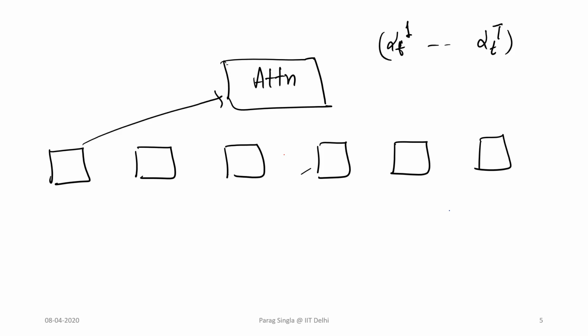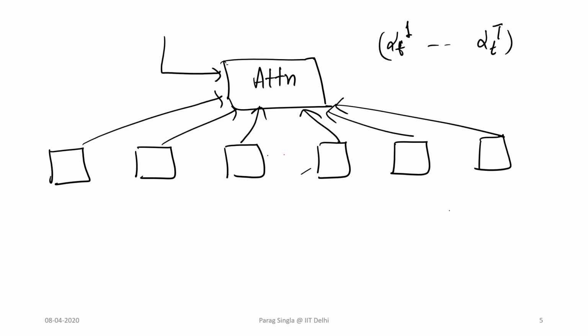This attention box takes input from all these hidden representations at various time steps in the input layer, and it also takes the current hidden state of the output, which is q t minus 1, and produces these alpha scores, which are computed as follows.